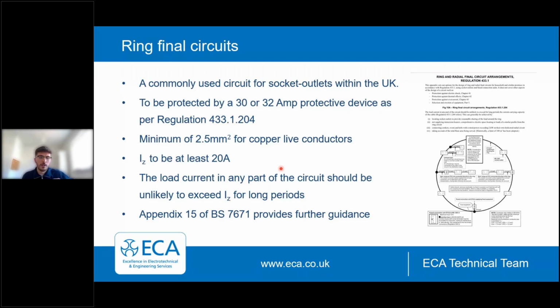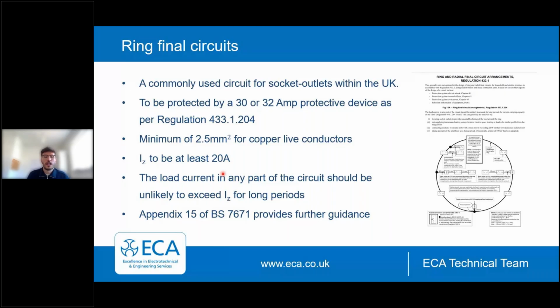So again, this is quite an interesting one, and I would say one that is sometimes a little bit misunderstood. So as we know, typical rings are wired in 2.5 millimeter live conductors. Some people assume, being on a 32 amp device, that the cable would need to be rated for at least 16 amps.